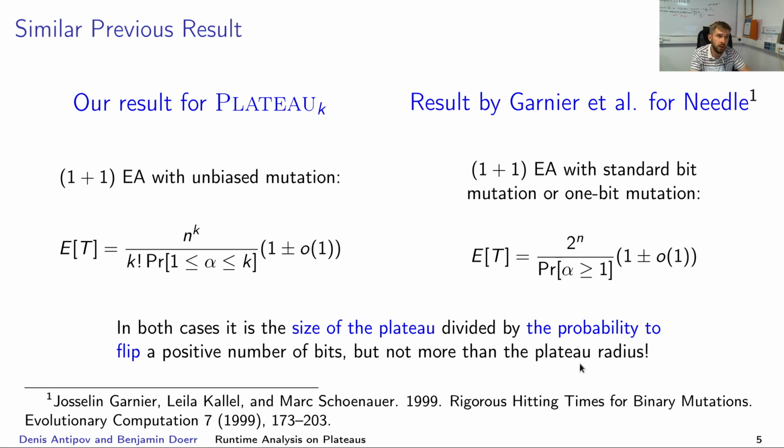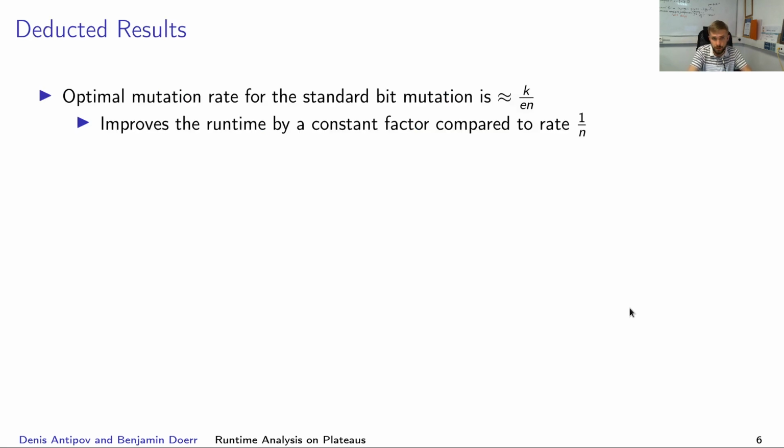However, the behavior of the (1+1) EA in both cases is very different. When we have a restricted plateau, we waste a lot of iterations when we generate an individual outside of the plateau, and thus we don't move around. While in the needle function, the algorithm performs a random walk around the search space.